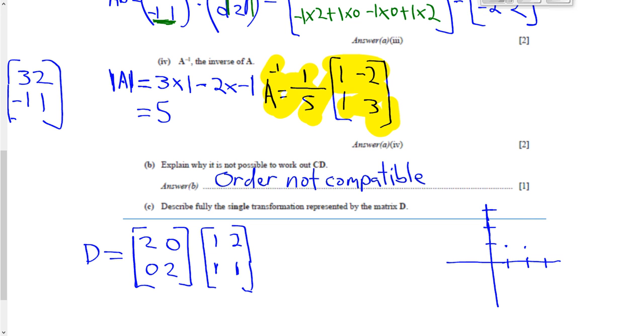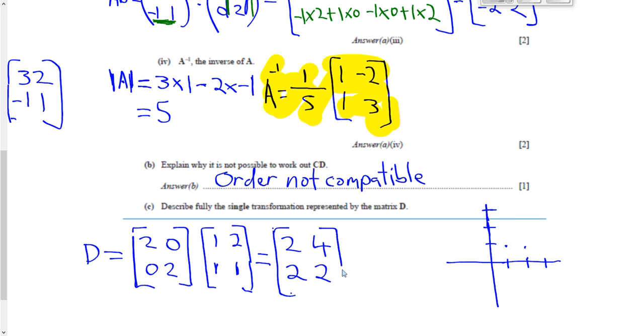Okay. So let's just do that. And we're going to go, all right, that will be equal to, all right, row by column, so 2 times 1 plus 0 times 1 is going to be 2, 2 times 2, that'll be 4, okay, and then row by column, 2 times 1 will be 2, and then 2 times 1 will also be 2.